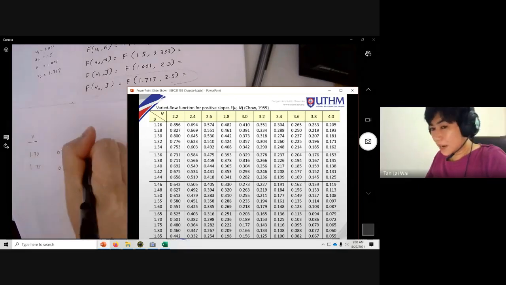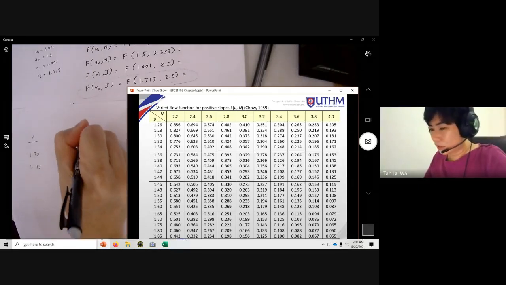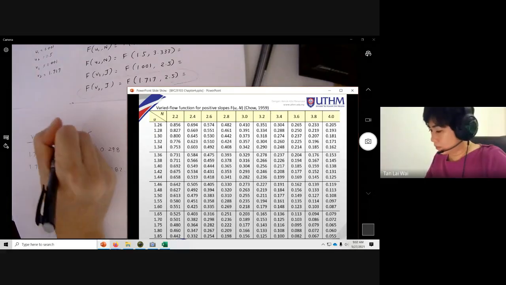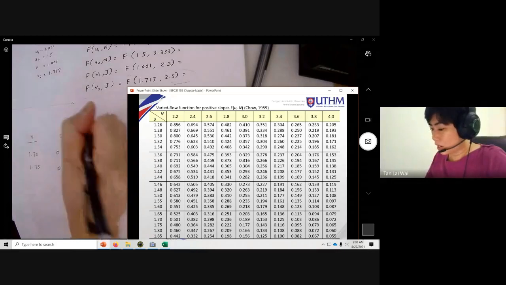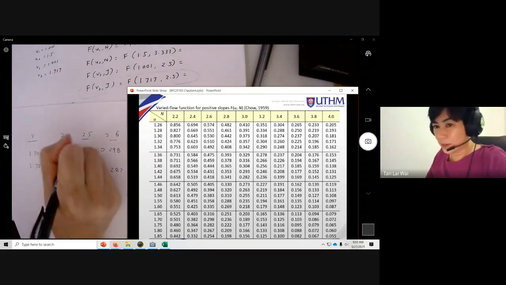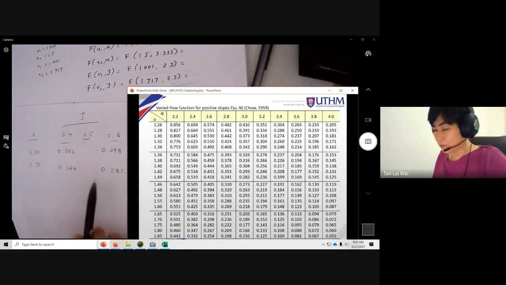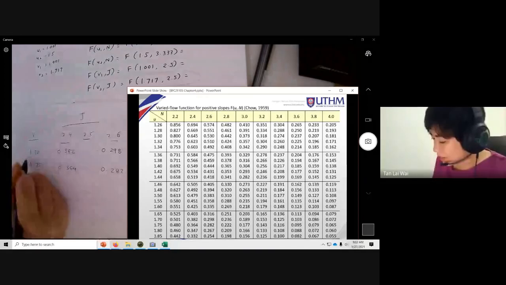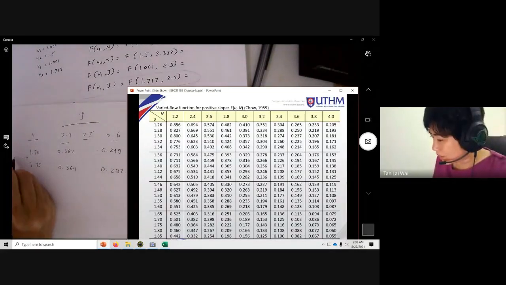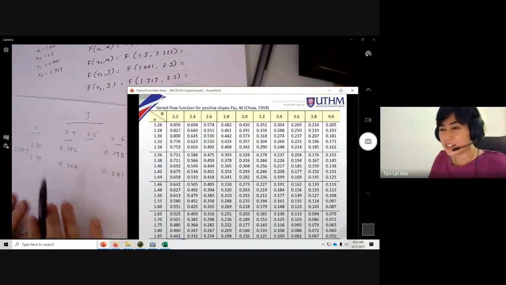The value that I need to find is when J is 2.5. So this is the value of my J here. And here the value that I need to find is 1.717.